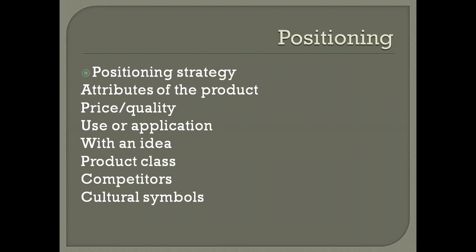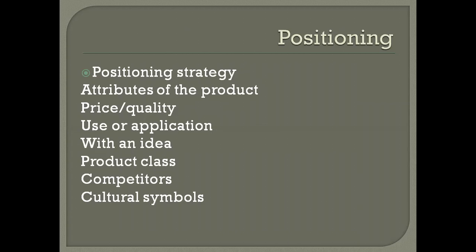Then we have positioning by price and quality. Price and quality, matlab people try to sell their product on the basis of price only. Like certain jeans companies, they initially launched strategies that you have to pay 500 rupees, or you pay initially only 200 rupees and get a pair of jeans, and after that you pay 100 rupees per month, and that is affordable for your pocket.